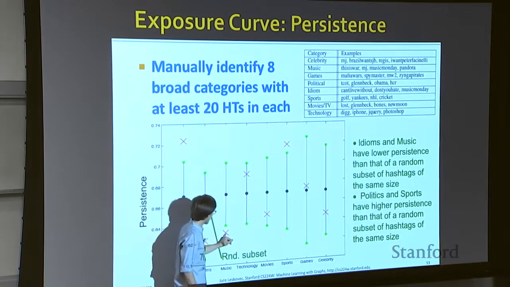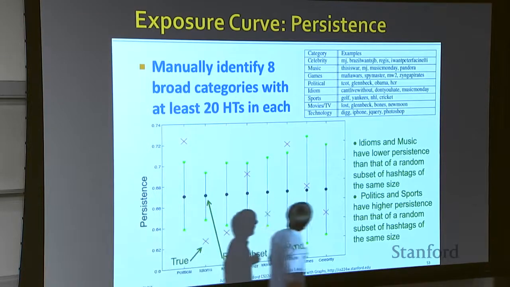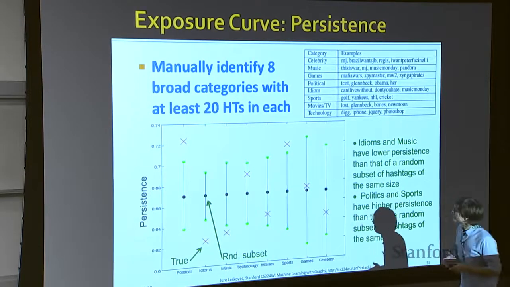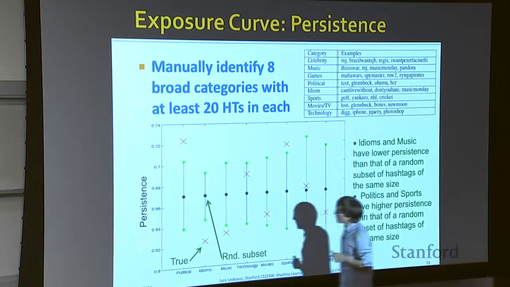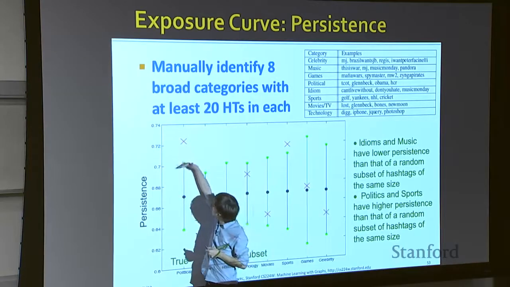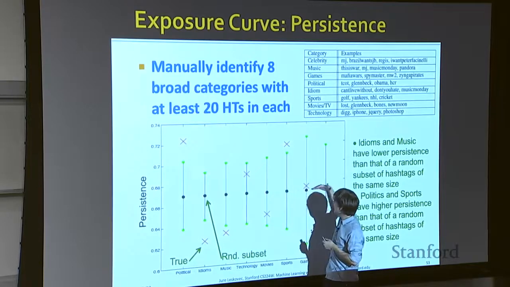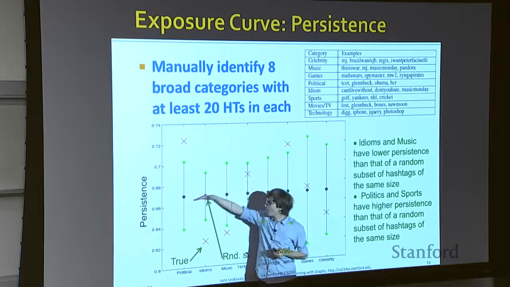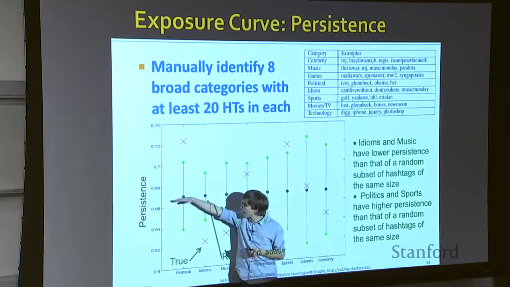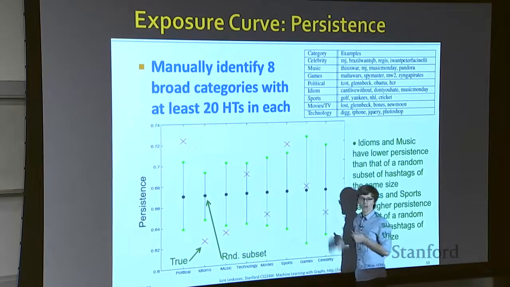So the X's are the truth, and the null model is basically the average over all the topics, let's say the average persistence across all the topics.